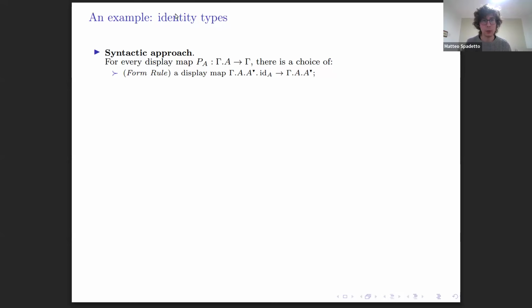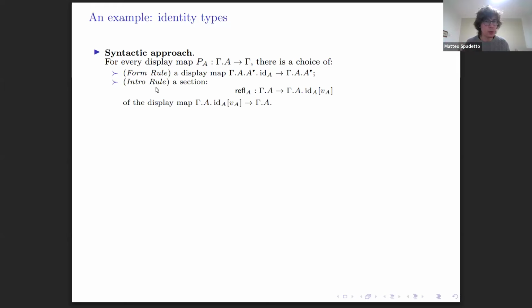It is a model of the formation rule of identity types when, for every display map p_A, there is a choice of another display map in this context, which represents the context Γ extended with two variables of type A. So this is exactly the formation rule of identity types, which tells us if you have a type A, then you have a new type in the context of A extended with two variables of type A, which is exactly what we are saying here, but replacing the word type with the words display map.